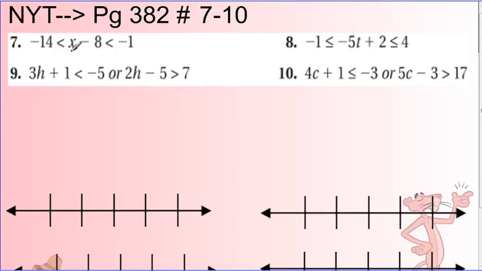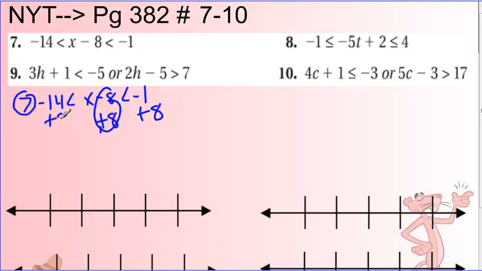So, number 7. Negative 14 is less than x minus 8, which is less than negative 1. We have those two different inequalities in the same problem, so we're just going to separate. I'm going to add 8 here, and here, and here.